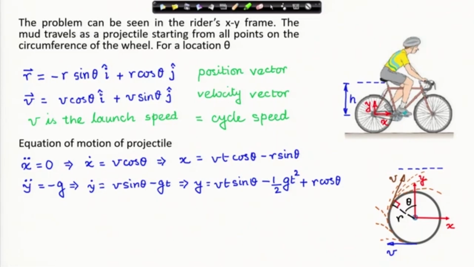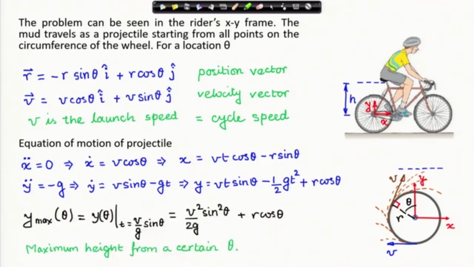So, I have the position of the mud particle at any time t. Now, I want to find out what is the maximum height reached. Let us say this particle which left from this angle theta, as shown in this figure, what is the maximum height reached by this particle?